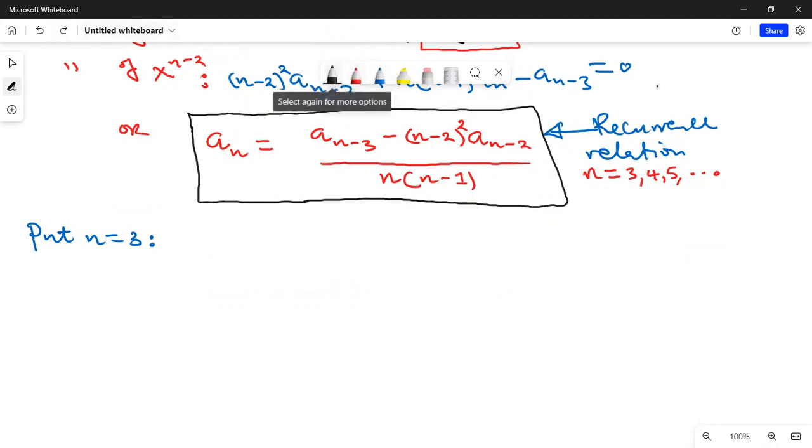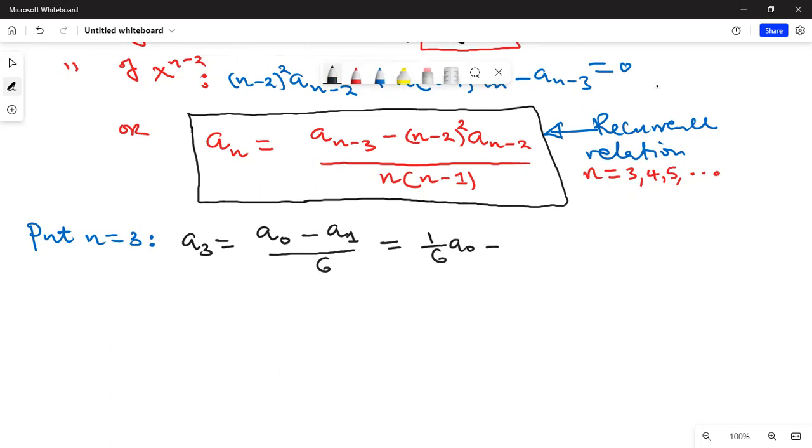I am going to get a3 equals to a naught minus a1, everything over 6, which is the same as 1 over 6 a naught minus 1 over 6 a1. Is it 6? We are putting 3. 3 times 2, that is 6.